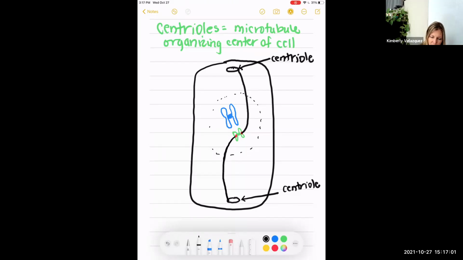And eventually, those two are going to get pulled apart and moved to two opposite ends of the cell. Same for this one. One of the sister chromatids is going to be attached to one end of the cell, and one is attached to the other end of the cell.